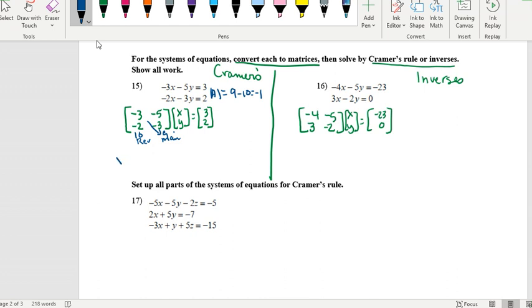So x is equal to the determinant of the matrix of something over -1, y equals the determinant of something over -1.